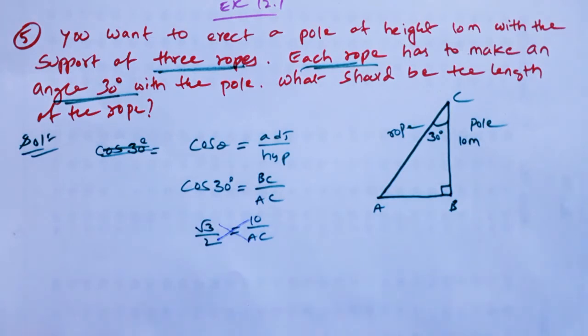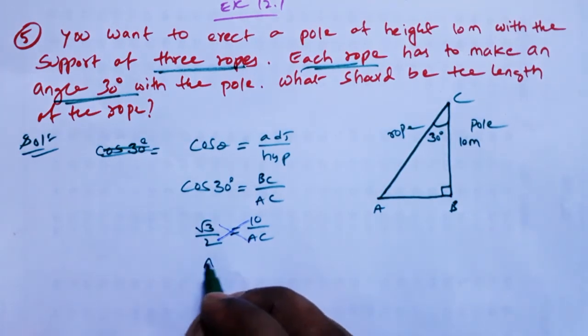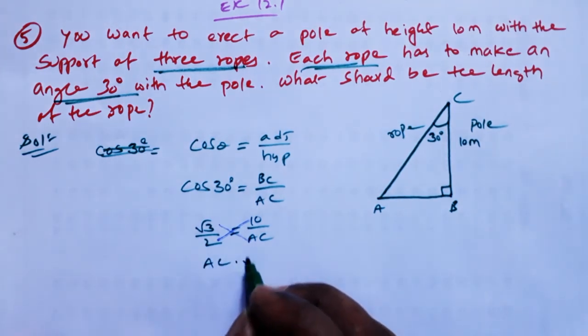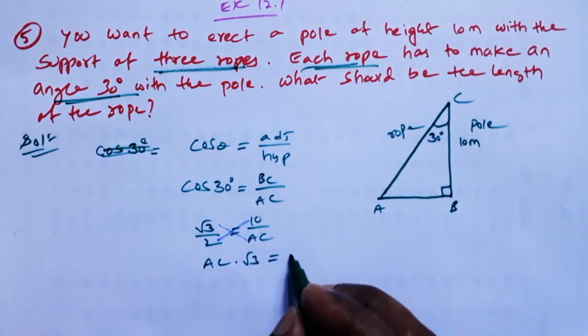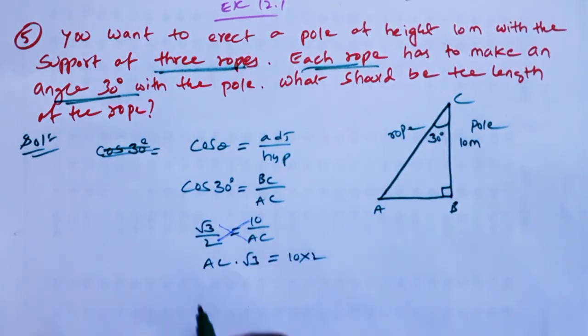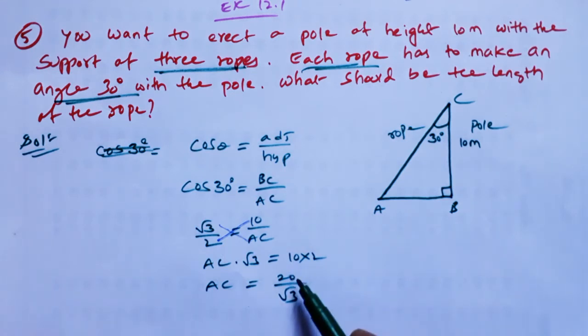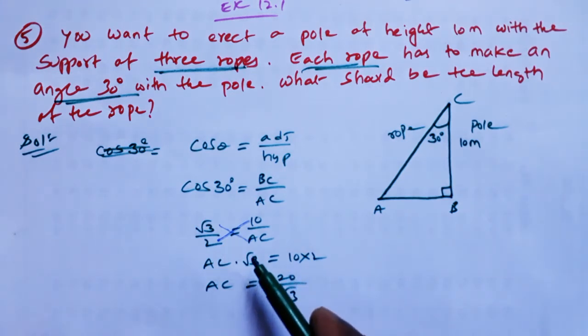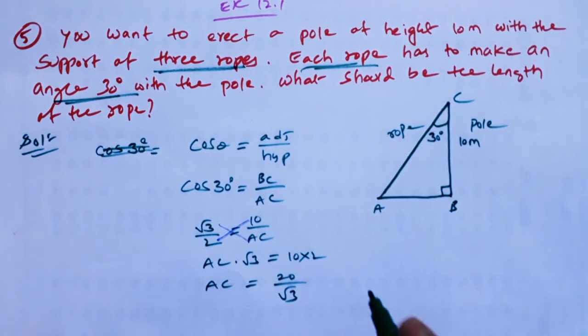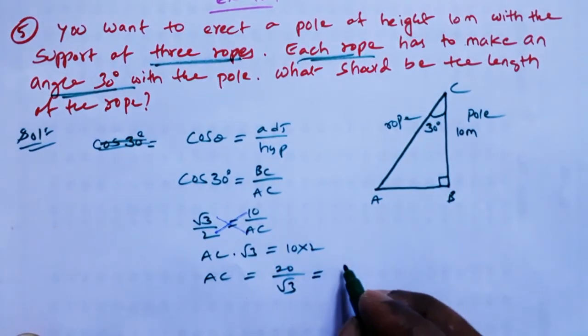Do cross multiplication. AC into root 3 equals 10 into 2. AC equals 20 by root 3. That's all.